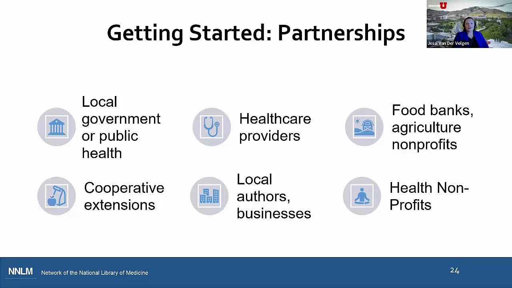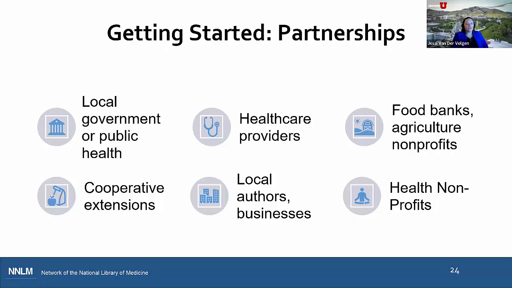If you have one in your area, they might do programs on food safety, nutrition, mental health, aging, and many others. I think very highly of those cooperative extension programs, and feel free to chime in the chat if you've had other successes with them. Sometimes your local authors and businesses.